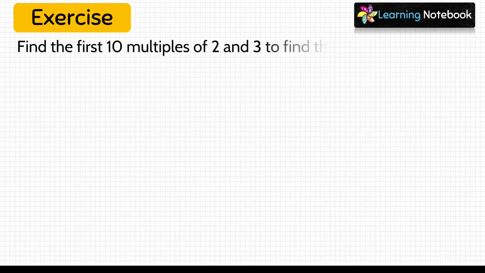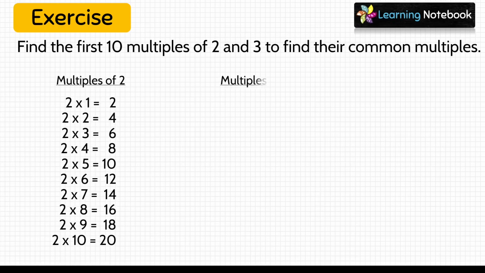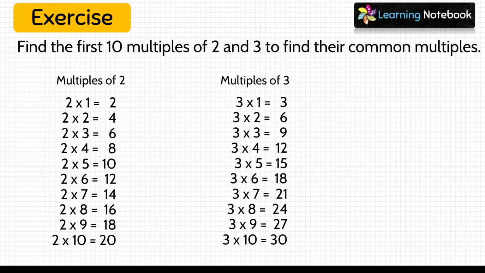Now let's do a question on common multiples. Find the first 10 multiples of 2 and 3 to find their common multiples. So let's write first 10 multiples of 2 as well as first 10 multiples of 3. So here students, we can see that 6 is the first common multiple of 2 and 3.